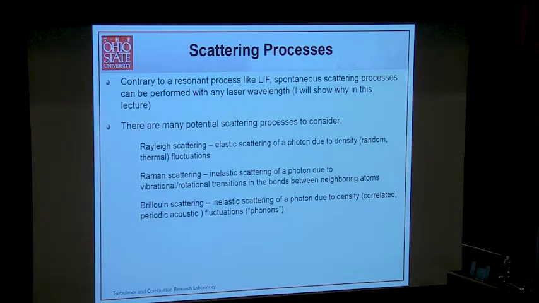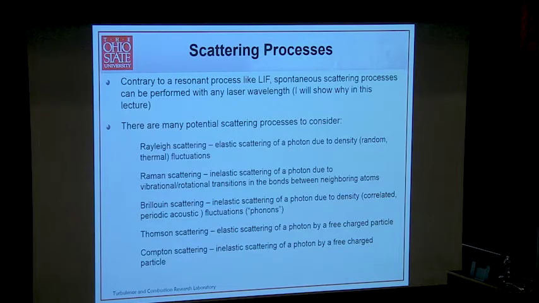There's Brillouin scattering, an inelastic scattering of a photon due, again, to density fluctuations, but now correlated periodic acoustic fluctuations, which in pure physics fields are referred to as phonons. We have Thomson scattering, which is elastic scattering of a photon by free charged particles, so electron scattering. And then we have Compton scattering, which is inelastic scattering of a photon by a free charged particle.